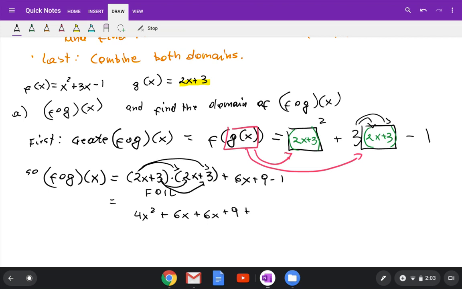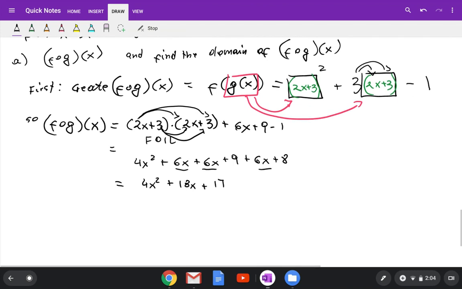Plus 6x plus 8, 9 minus 1 gives you 8. Simplify, so we're getting 4x squared. Let's add all the x's together, so 6x, 6x, and 6x, so we're getting 18x plus 9 plus 8, which is 17. So this is our composition. This is our f composed with g of x.